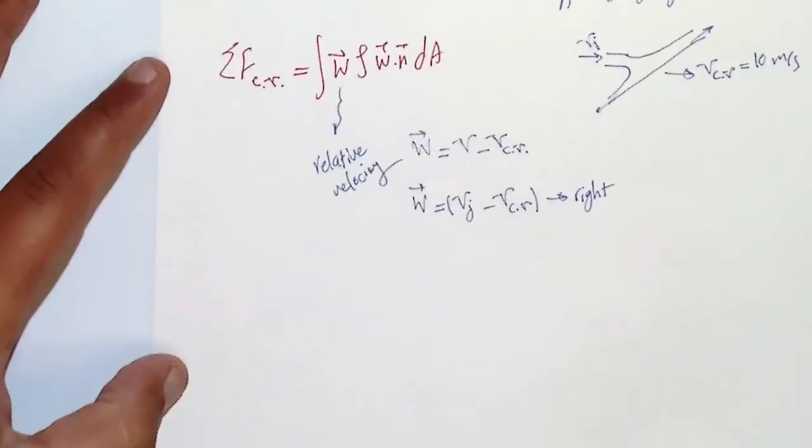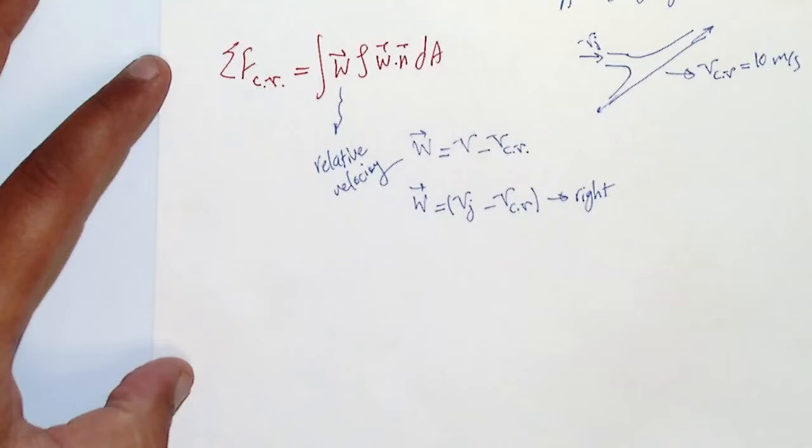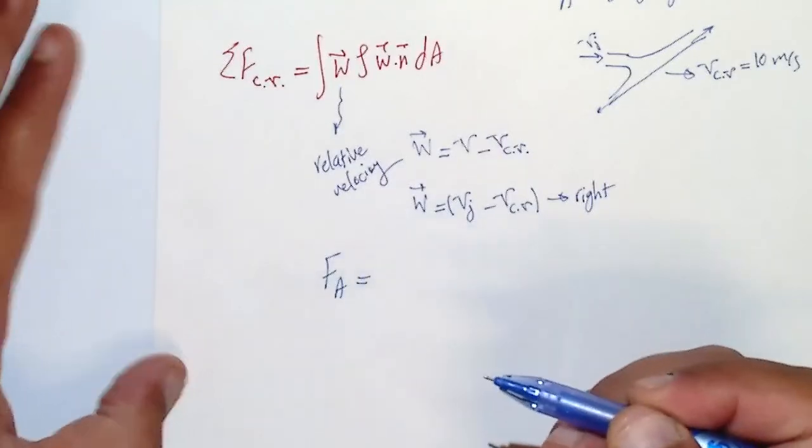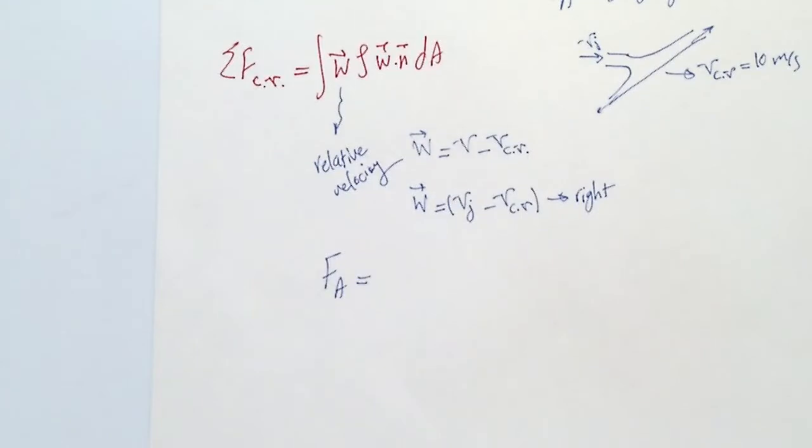Okay, so you can replace it here, that now if your plate also moves to the right, what is Fa?